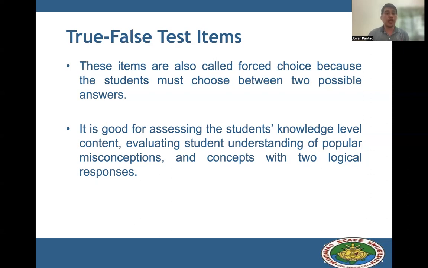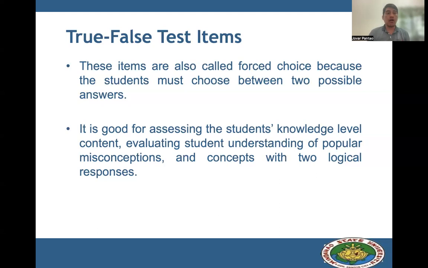So what are the two logical responses in a true or false item? It's either true or false, but again, you have to make sure that the information you presented is something that is either absolutely true or absolutely false. So when you are going to work on a true or false test item, put in mind that the level that you are assessing is on understanding, on knowledge or remembering.